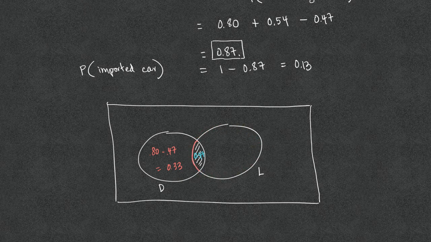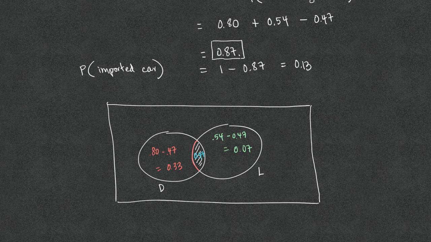Thus, the second circle consists of 54%, but the piece inside is already 47%. So we take 54% minus 47%, which gives us 0.07 or 7%.